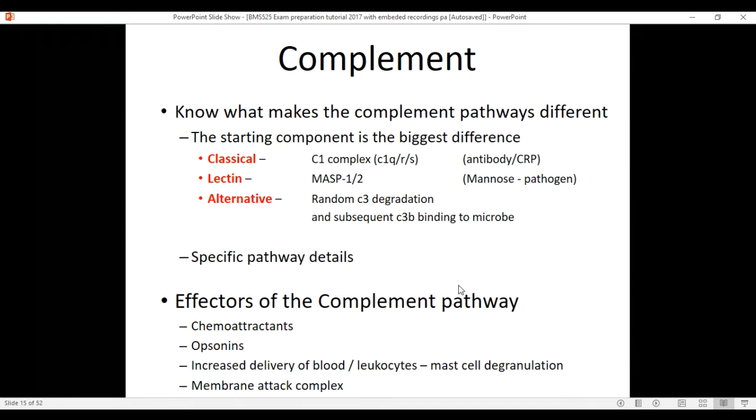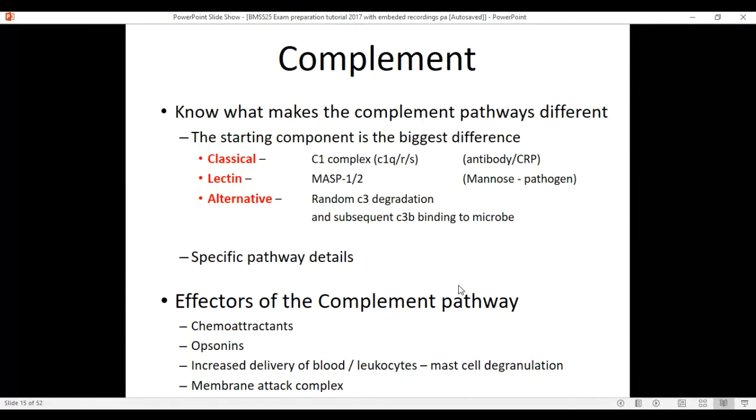Again, the finer details of this are in the recorded videos provided. Now, so complement, we've been able to release chemoattractants, and generally they will be C3a and C5a. Okay, and in terms of opsonins, C3b and C4b will behave as opsonins.